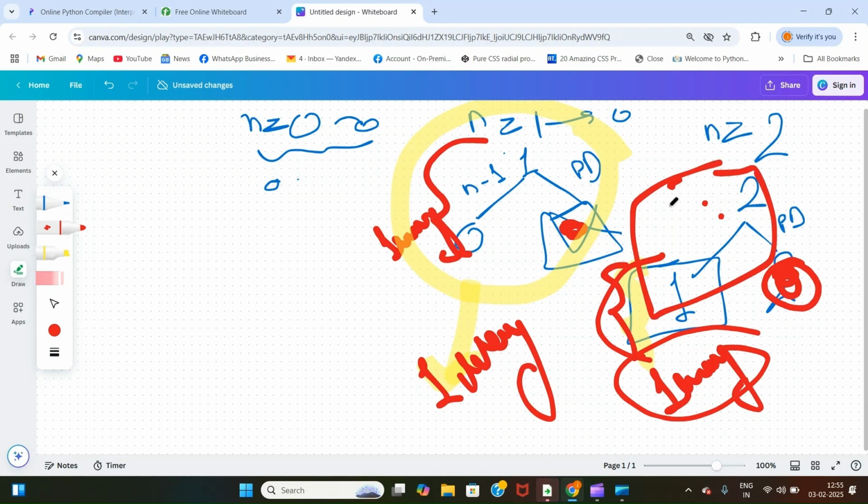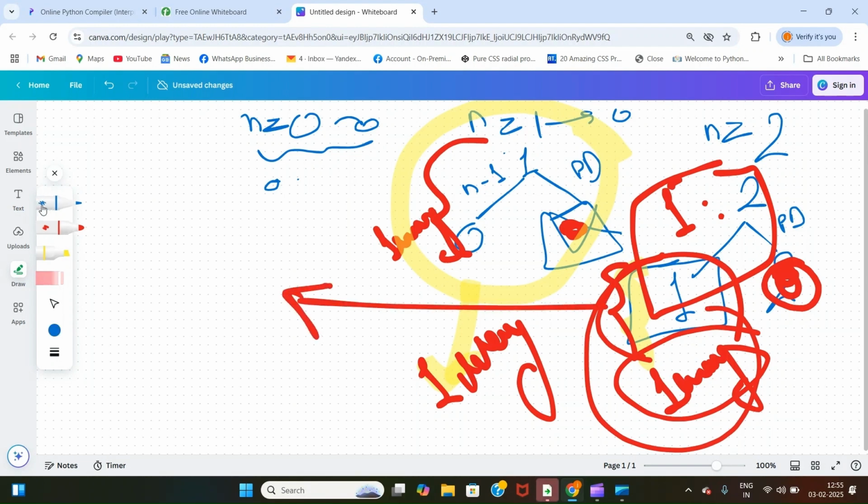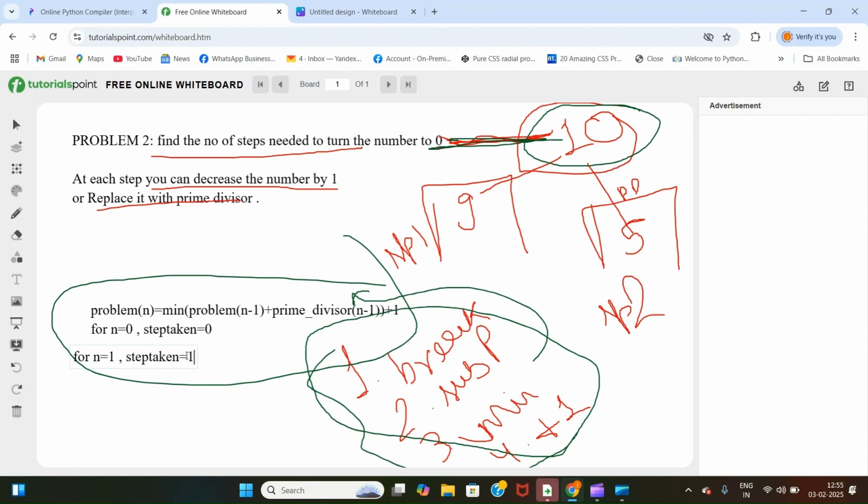So 2 converts to 1 in one way, and with this initial answer, 1 plus 1 becomes 2. So the final answer will be taking 2 steps. I need to take 2 steps. So for n is equal to 2, step taken is also equal to 2.